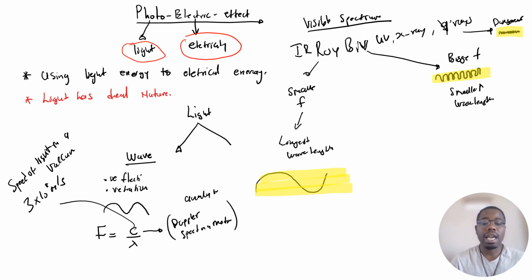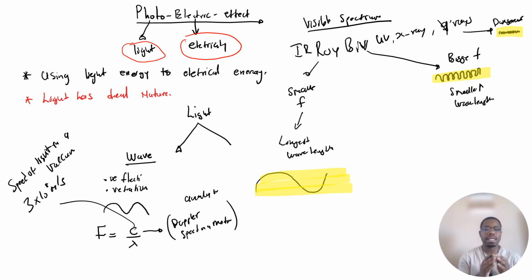Light has what we call the dual nature of light. What does that mean when we say light has a dual nature? Light can exist as a wave, and light can also exist as a particle.